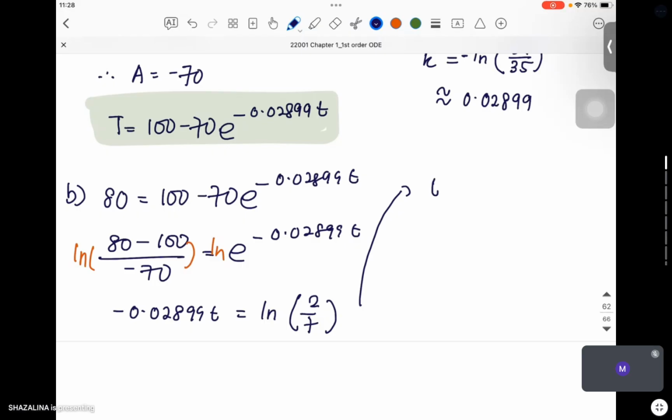The small t is ln 2/7 divided by negative 0.02899. Dapat apa? 44.21 second.